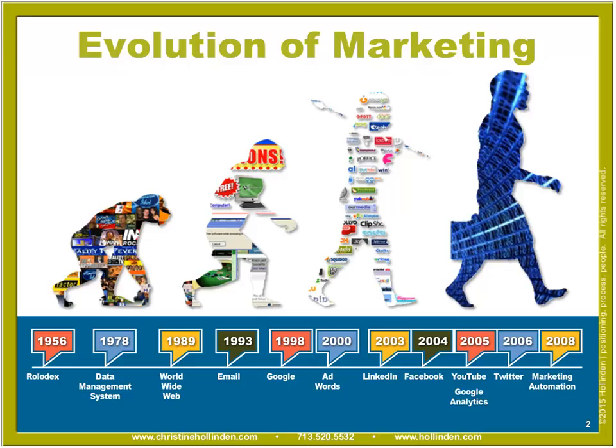You know, in 1956, they were using the Rolodex. Some people may not know what that is, but ask your senior partners. They'll remember. Then 78 came along where we introduced data management systems. That was a big advancement, where we actually had computer systems running data for us, the first databases.